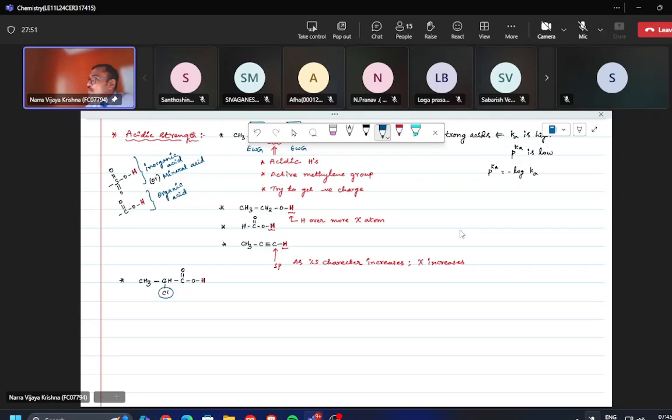So is it a minus I group or not? What does this minus I group do? It will pull electrons. If it pulls electrons, can this oxygen also pull these electrons more strongly towards itself and H plus can come out more easily? Means what do these minus I groups do? These minus I groups will enhance the acidic nature of carboxylic acids or not? Yes, sir.